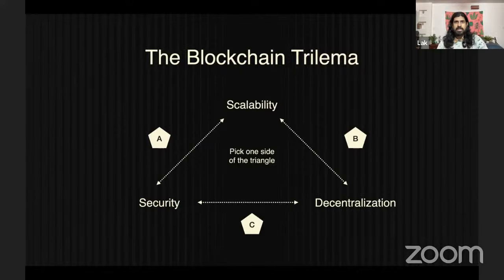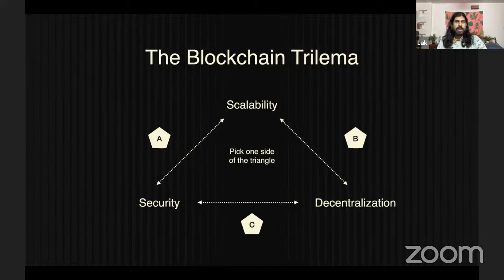And then the third element is scalability. Scalability is the network's capacity to handle an increasing number of transactions and users while still maintaining its peak performance. A scalable blockchain can accommodate growing demand without significant slowdowns, increased transaction costs, or network congestion.